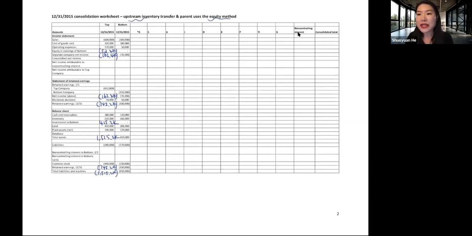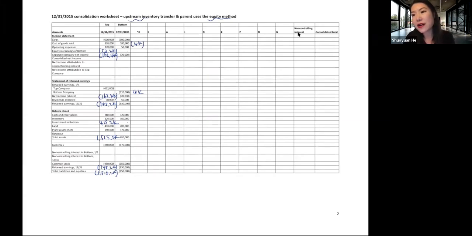So what we did previously, the logic there does not apply here. So here, we debit subsidiary's beginning retained earning for 4,000 and credit cost of goods sold for 4,000. So this is what we do if it is an upstream transfer and the parent uses the equity method.